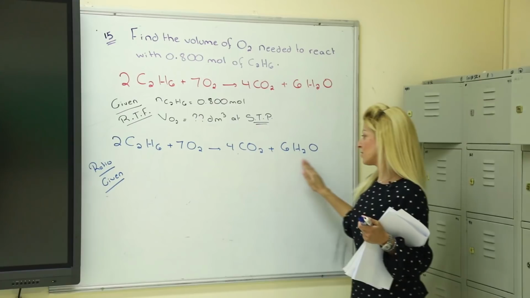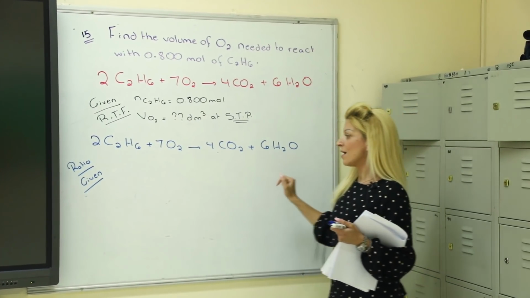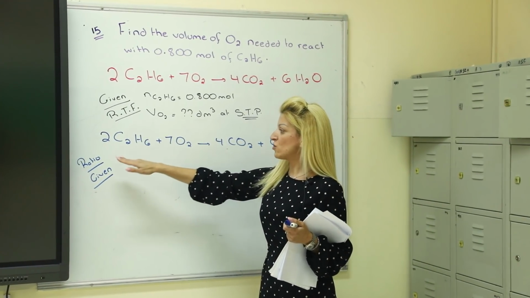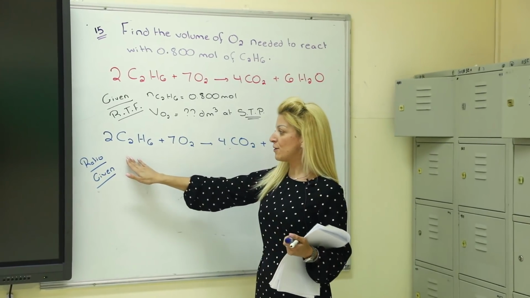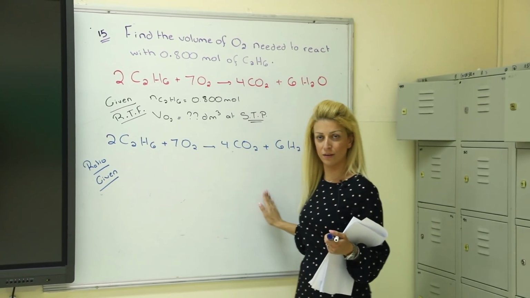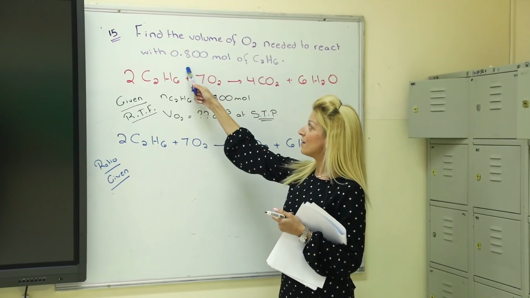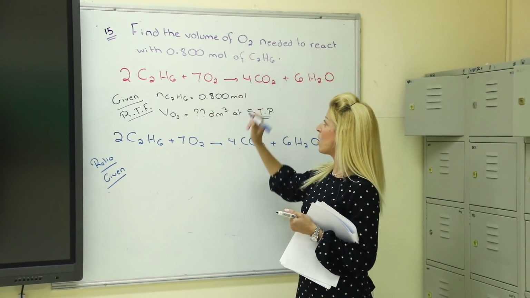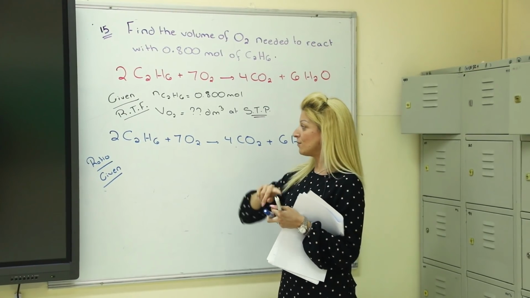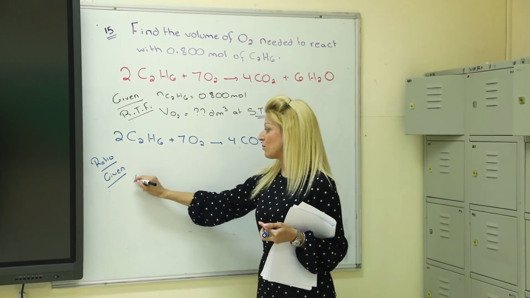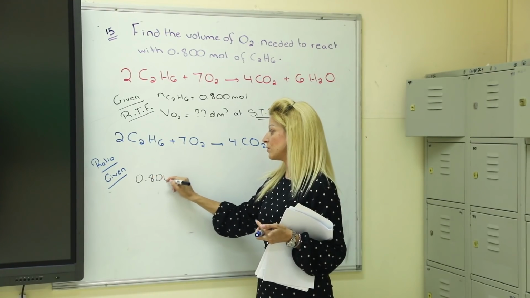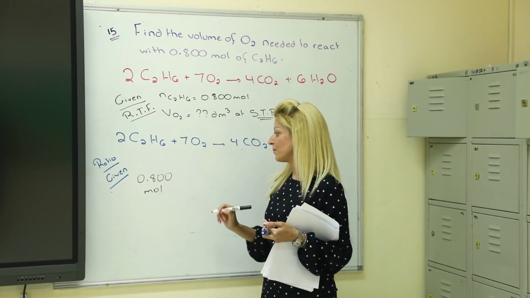So we rewrite the balanced equation below, and under the balanced equation we have 2 rows. We have the ratio and the given. The given is from the question above, 0.800 moles of C2H6. So under C2H6, we write 0.800 moles.